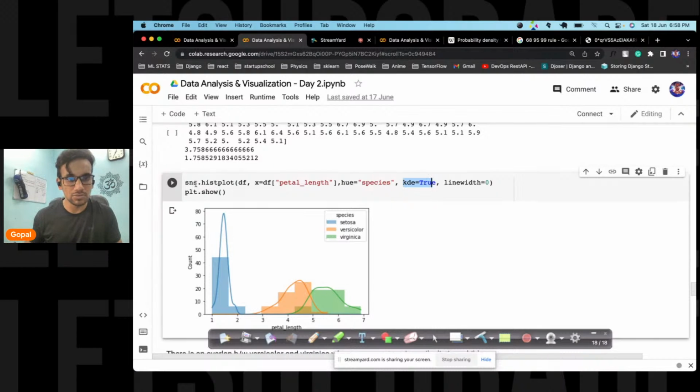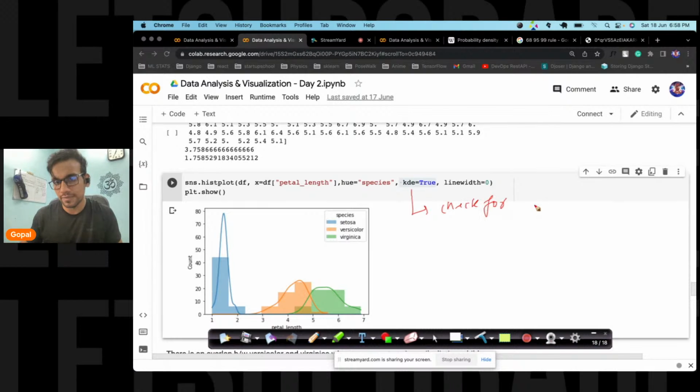I am using histogram here, and this is for the kernel density estimation. It basically checks for the central tendency.